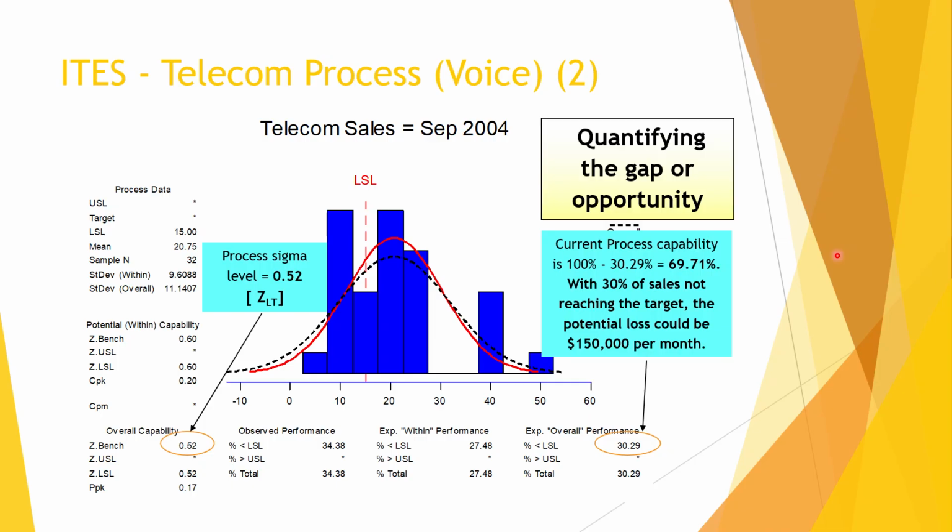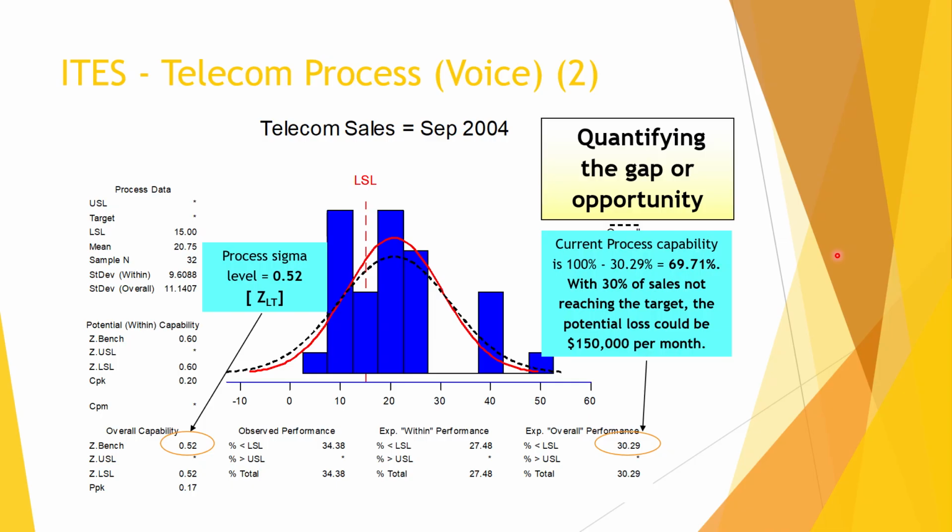And you come in, you have to map those processes to figure out what's causing 30% of sales not reaching the target. And make sure you do a really great job in your report of connecting the dots between the cost of all of these errors, mistakes, and the potential loss or the excessive amount of money that your department is spending that you don't have to be spending if you change your process.